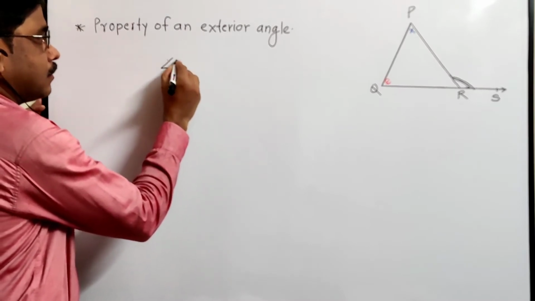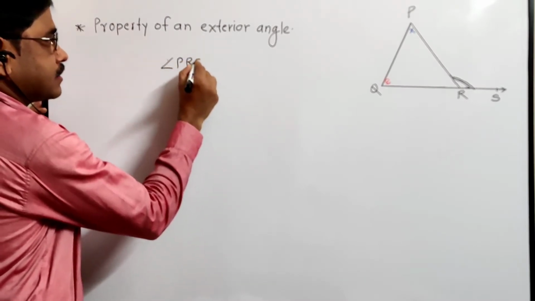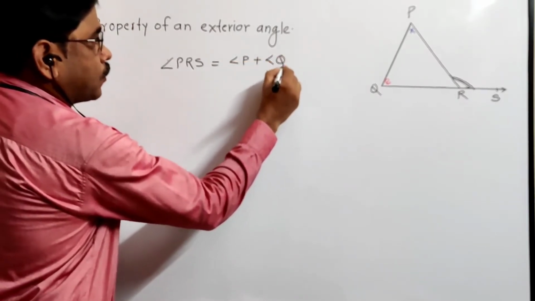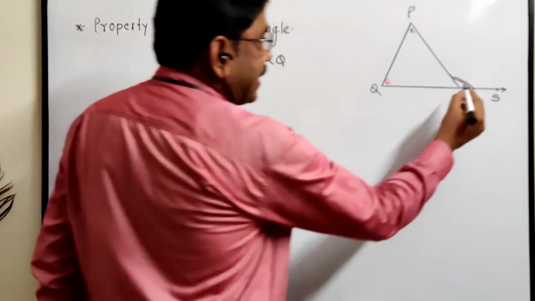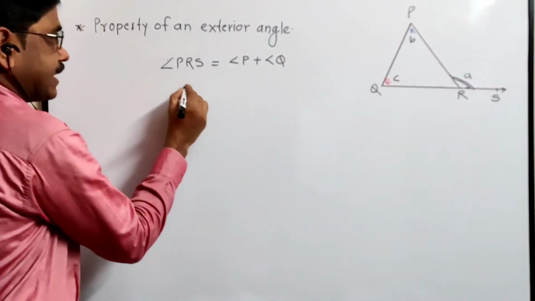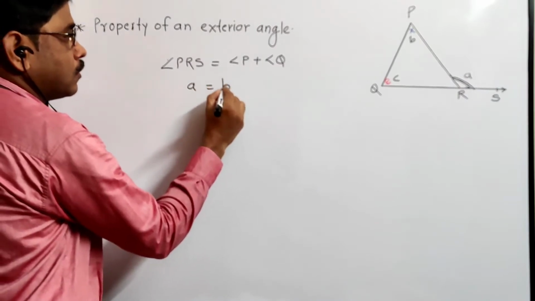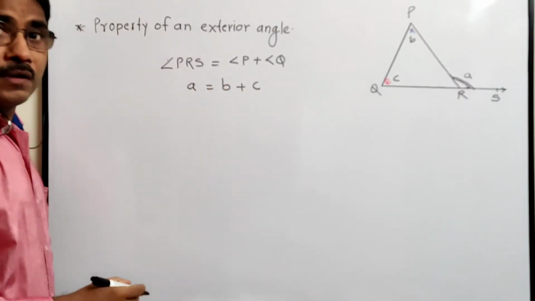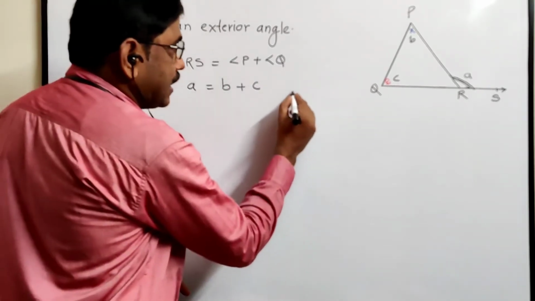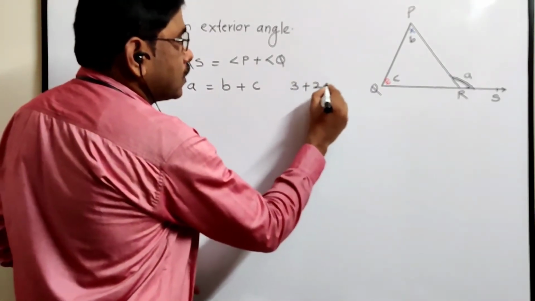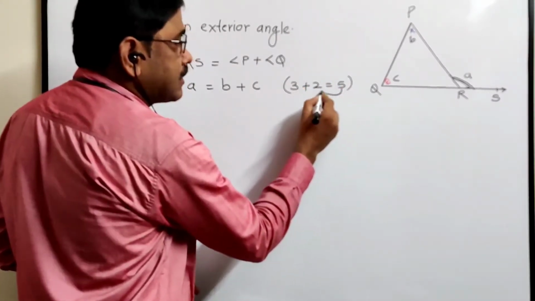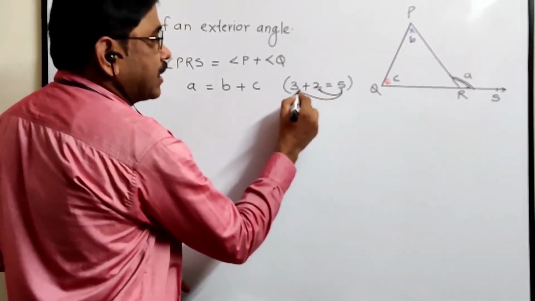Angle PRS is equal to angle P plus angle Q. Let this one be A, this one B, and this one C. So A is equal to B plus C. Now, if A is equal to the sum of these two, suppose 3 plus 2 is equal to 5, then this 5, the sum, is always greater than each number.